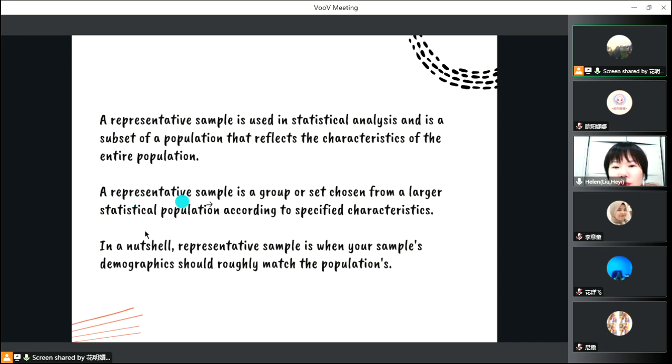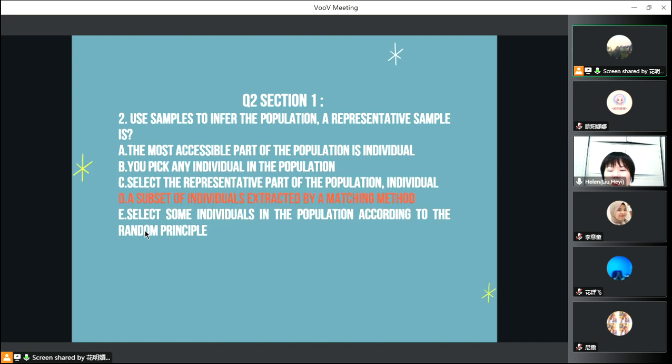A representative sample is a group chosen from a larger statistical population according to specified characteristics. In a nutshell, a representative sample is when your sample's demographics roughly match the population. So here I choose D, a subset of individuals extracted by a matching method.